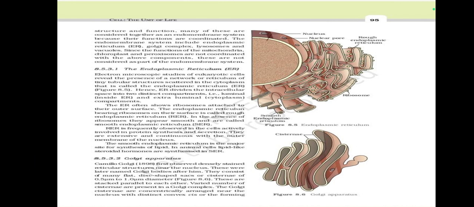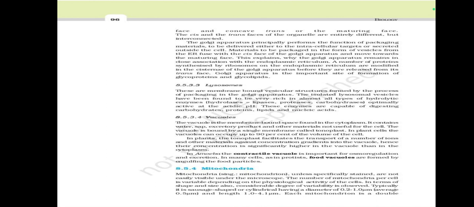The Golgi cisternae are concentrically arranged near the nucleus with distinct convex cis or the forming face and concave trans or the maturing face. The cis and the trans faces of the organelle are entirely different, yet interconnected.